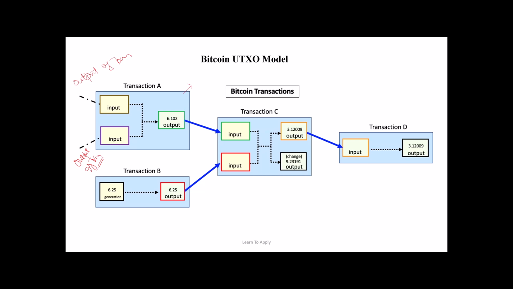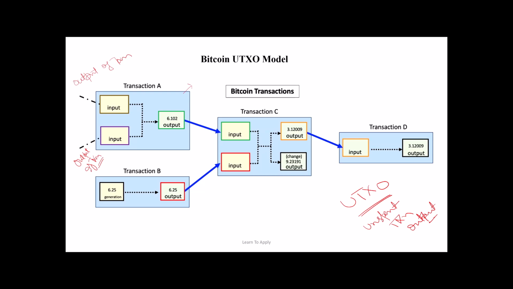Now we have reached a stage where we look at what UTXO is. It is abbreviated as unspent transaction output. What is an unspent transaction output? These are those outputs of transactions which have not been spent.